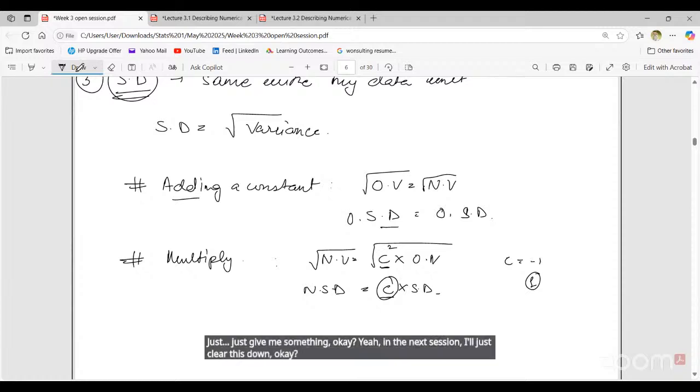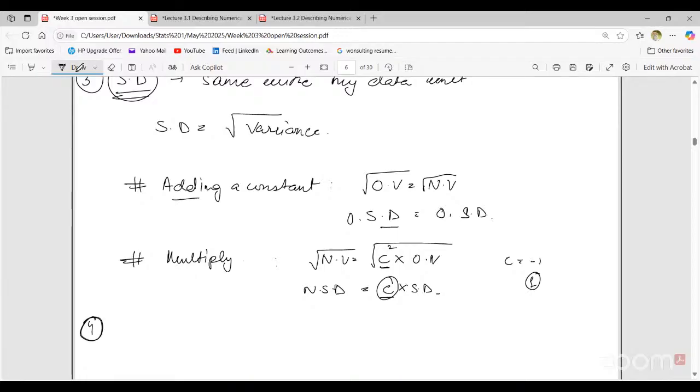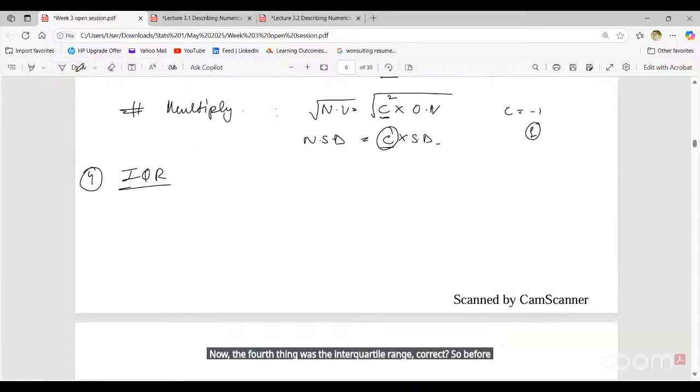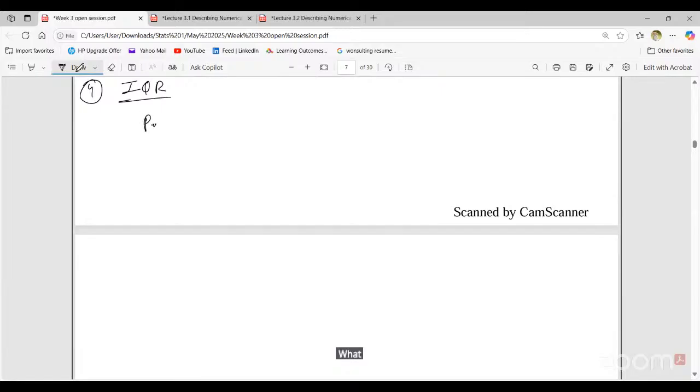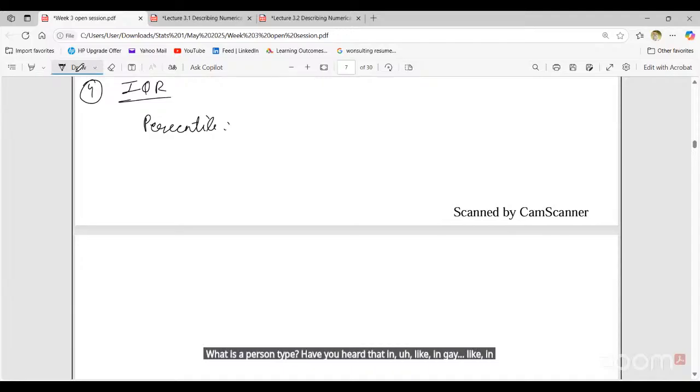Now the last thing, the fourth thing, was the interquartile range, correct? Before that, you should know what a percentile is. Have you heard in JAM, if you give any paper, you get a 98 percentile or 99 percentile?